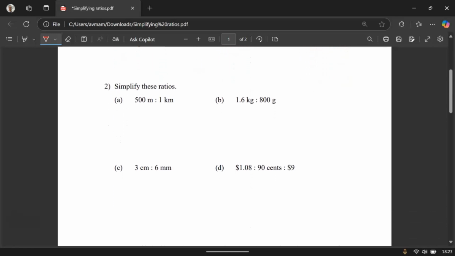Now let us look at question number 2. Whenever you are simplifying measurements, make sure the units are always the same. Units must be the same, must use the same units.